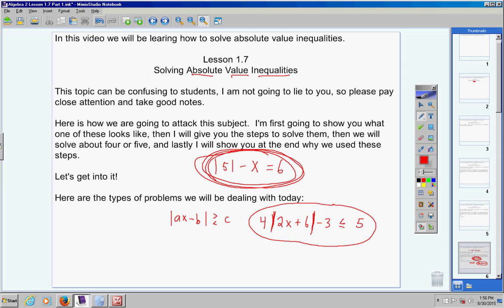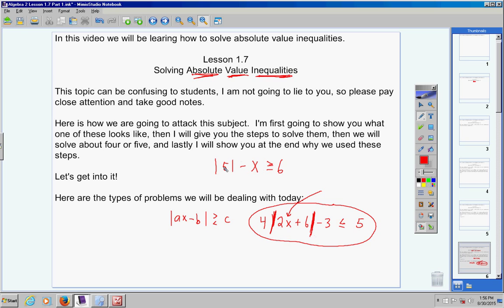Here's why. Here's the difference. An absolute value inequality, or I put an inequality sign here, there we go. An absolute value inequality has the variable inside the absolute value. Okay? And notice there's no other unknowns. There's no other variables outside the absolute value. That's what makes this an absolute value inequality.